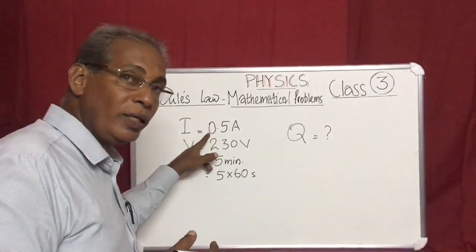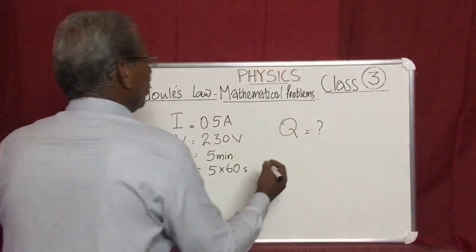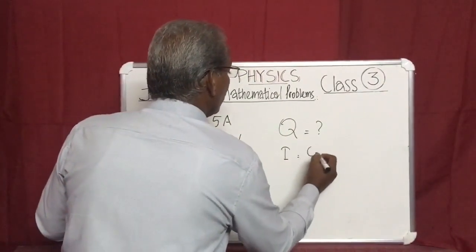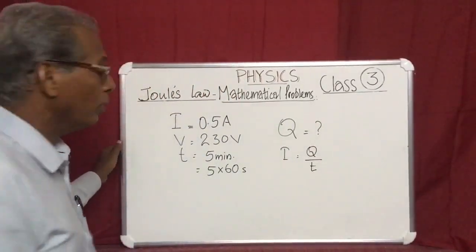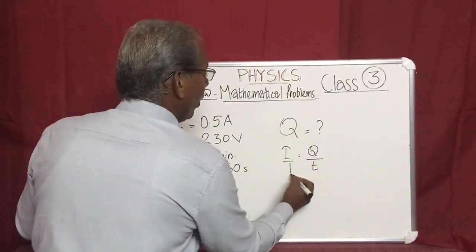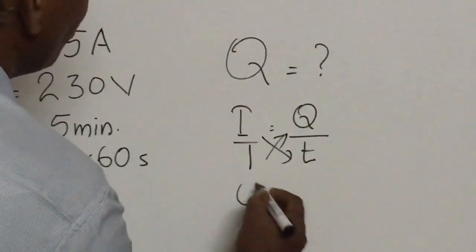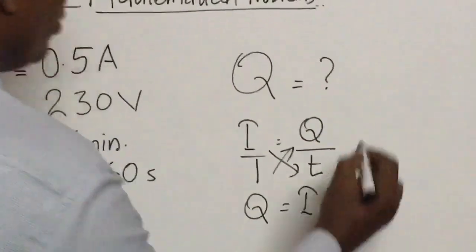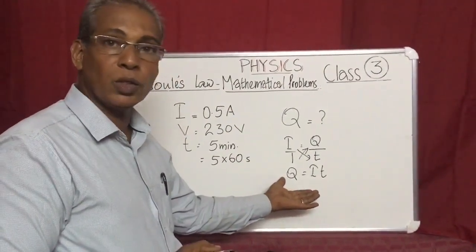To have this current, what amount of charge is flowing? So we write the fundamental equation. We know I is equal to Q by T. Cross multiply, as I is equal to I by 1, Q by T. From that, what is Q? Q into 1 is Q is equal to IT. That equation we already studied, and its unit also we know, that is Coulomb.